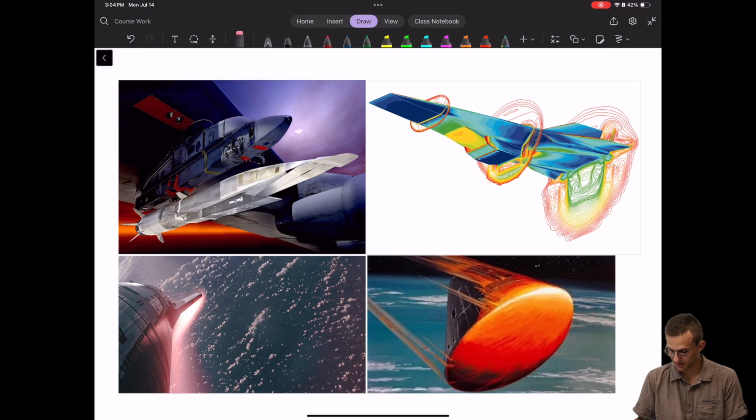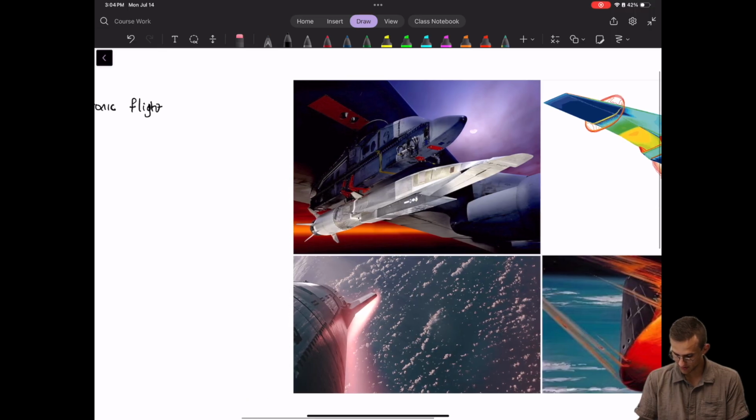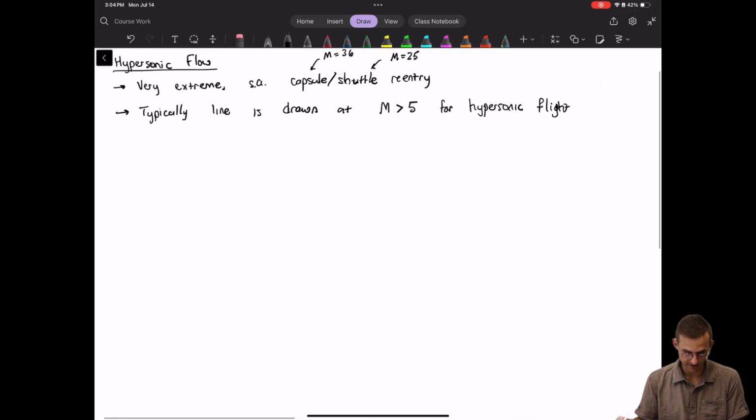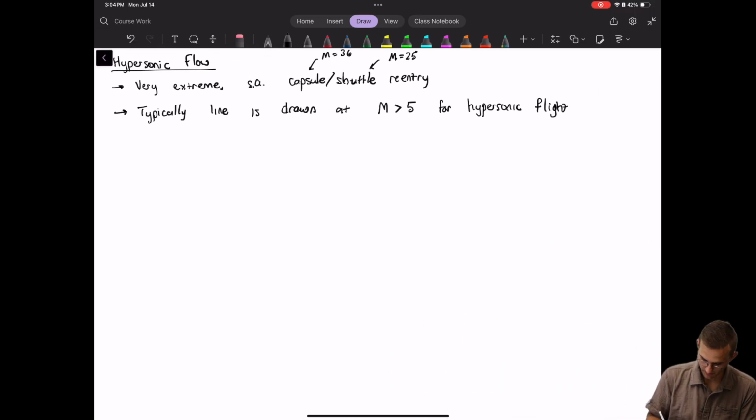When you start to encounter these extreme high speed flows, the heat involved becomes very extreme, and you even generate a plasma, which we'll talk about in more detail, but that has its own issues associated with it. So definitely a very extreme regime, and that's what I want you to keep in mind.